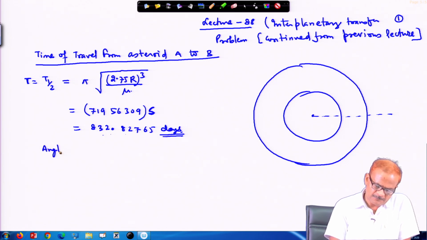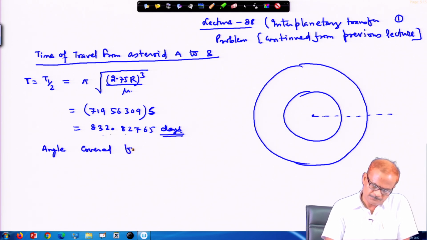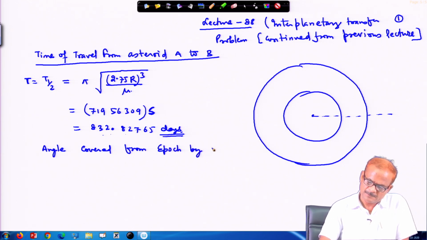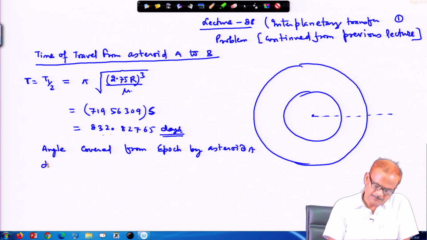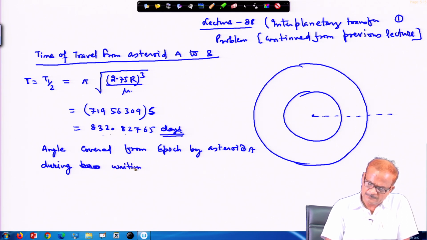And that we can compute as follows: angle covered from epoch by asteroid A during waiting time and plus transfer time.